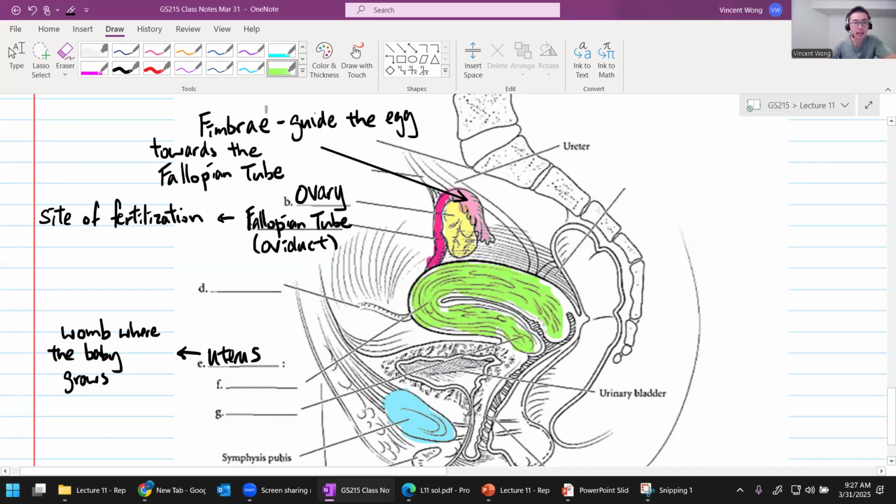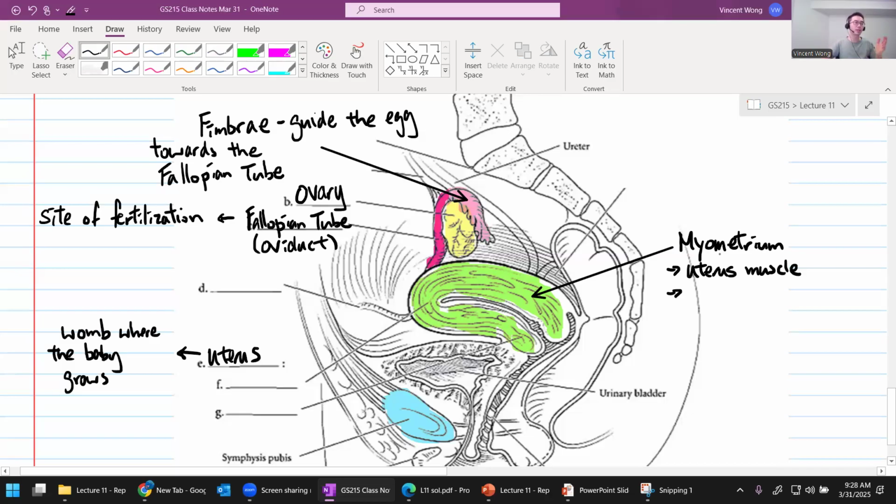The muscle itself is called the myometrium. It is the uterus muscle, basically. And when do you want the muscle to contract in the uterus? What's the reason for muscle contraction in the uterus?